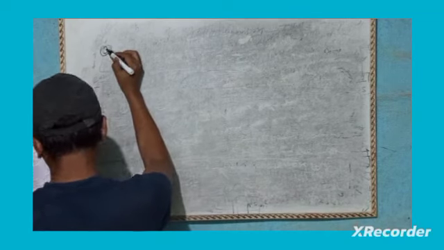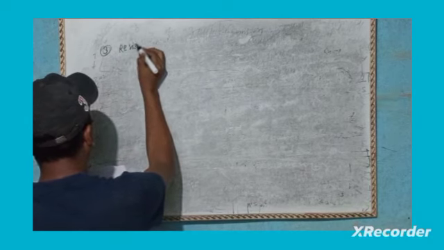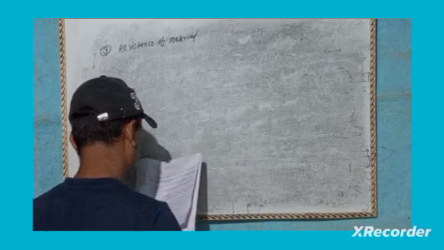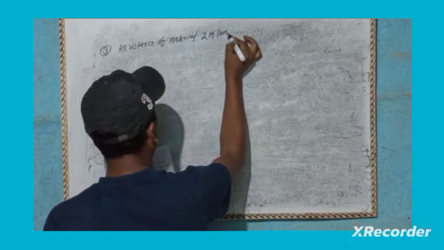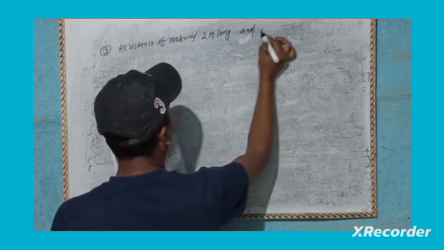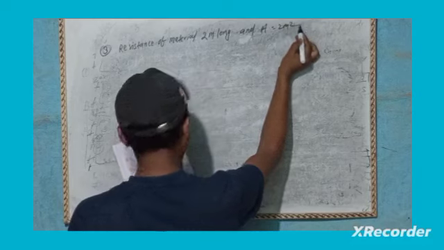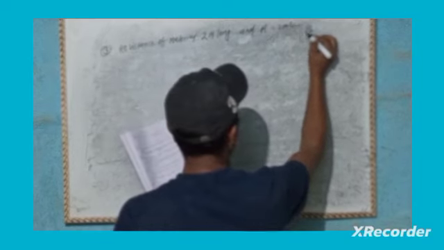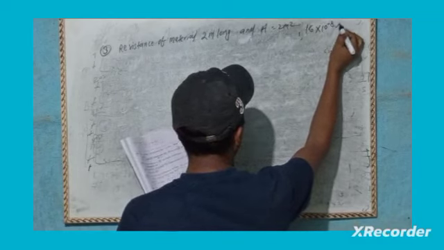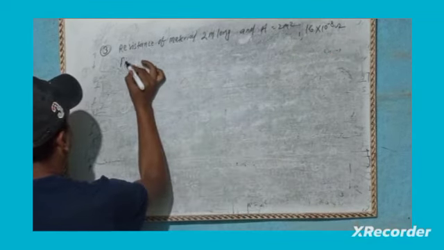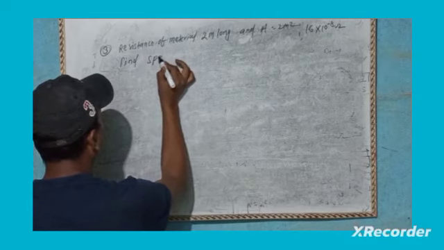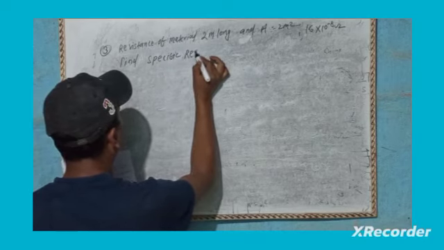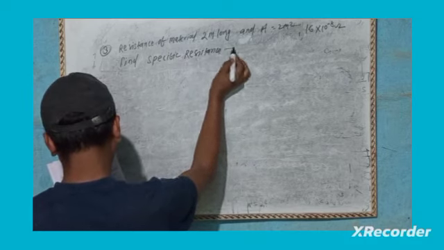One problem. What is given? Resistance of a material 2 meter long and a cross sectional area 2 meter square is 1.6 times 10 to power minus 8 ohm. Find the specific resistance.